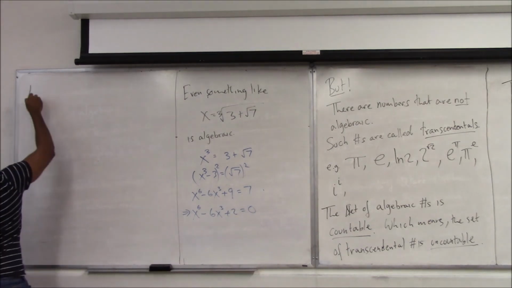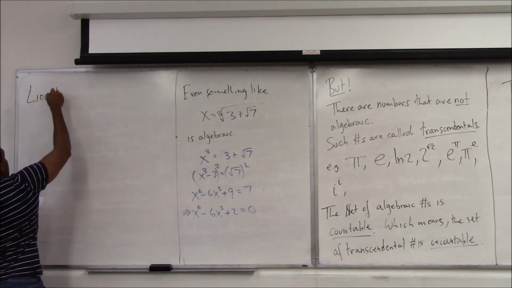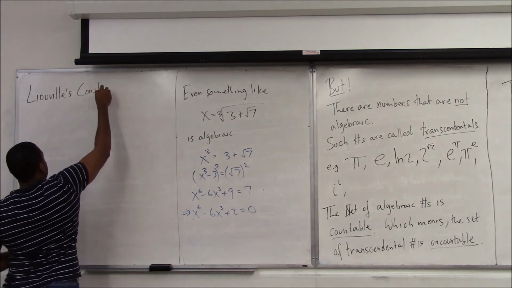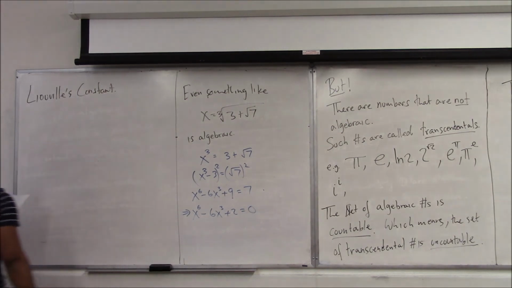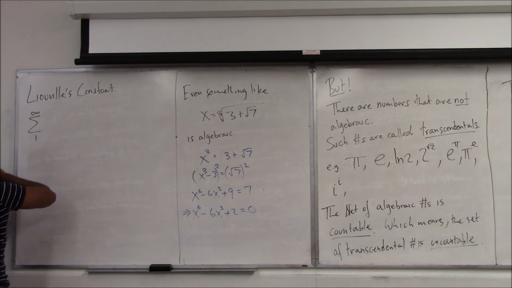I don't remember if your book introduced this, but Liouville's constant, did it talk about that? Anyone who was reading it? It's another famous number. It's this one: the sum of 10 to the minus k factorial.